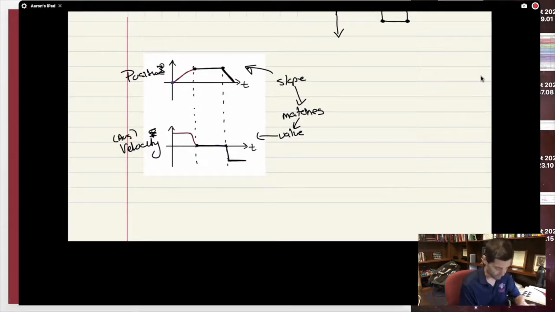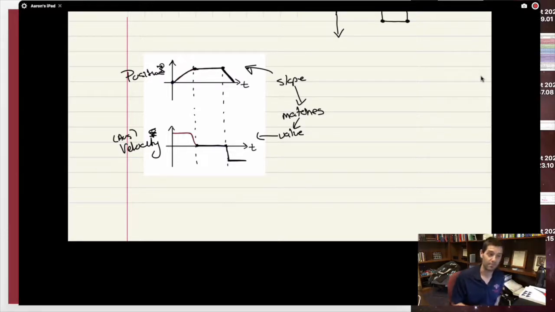And just to make sure we're completely clear on this, if I look back at the top curve, let's reason it out: if this is indeed the position, that means the position starts at the origin, is increasing, and gets to some positive value. But it does so going up at a constant rate and then levels off. So the slope is positive, it's curving upwards, and then it flattens out and becomes horizontal.